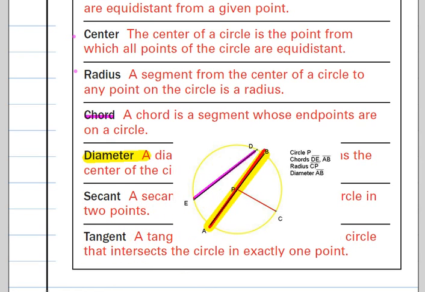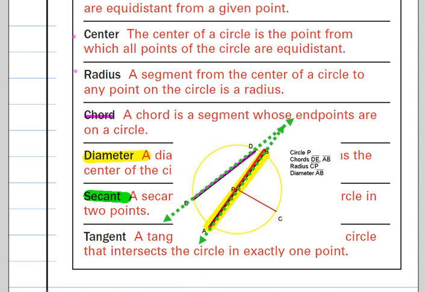So if I were to extend each of these lines out, whether they go through the center or not, those would be secant lines, because they go through the circle and intersect the circle twice. And a tangent line is a line that only intersects the circle once.